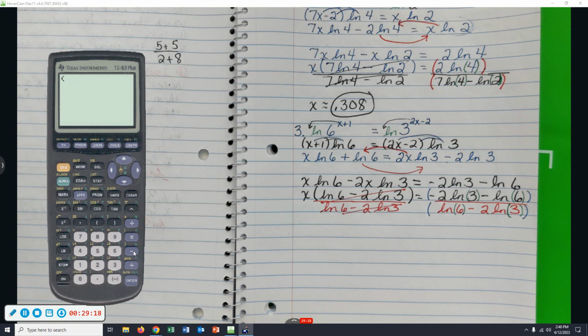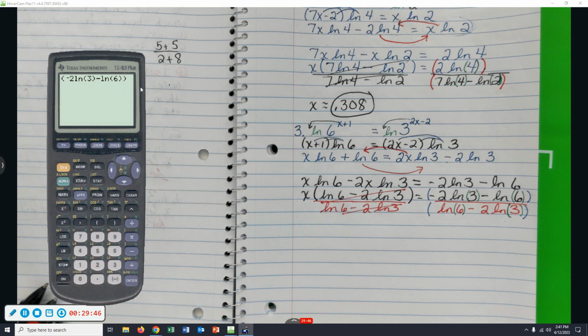Realize that is a negative 2. Common mistake, people hit that dash there. You only use that dash for subtraction if you have something in front of it, like right here, something minus something. That's a negative 2. ln, open the parenthesis, close it off after the 3, minus ln 6, close the 6, close the numerator.